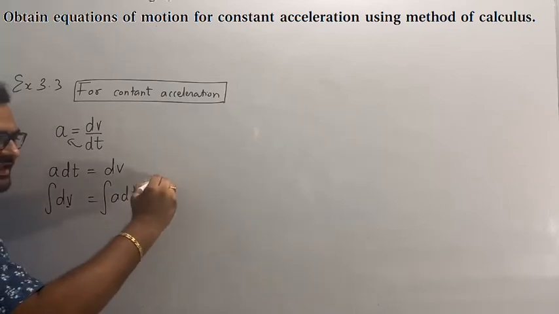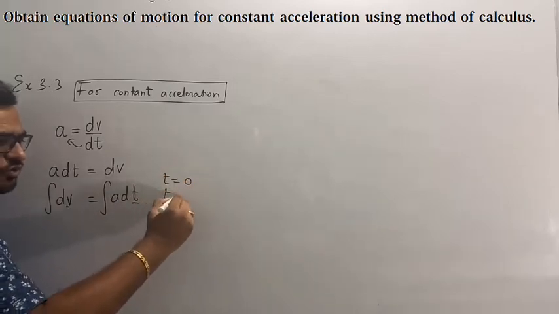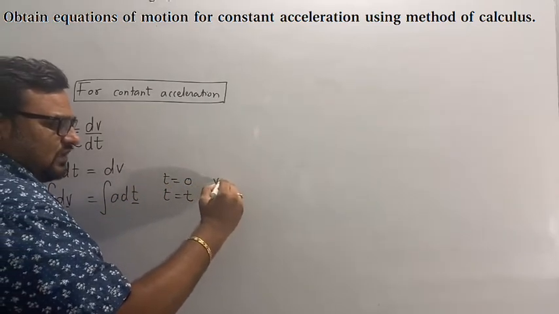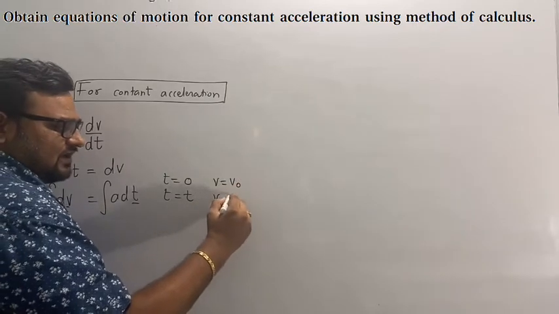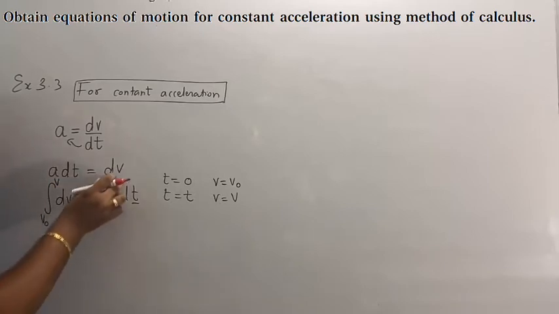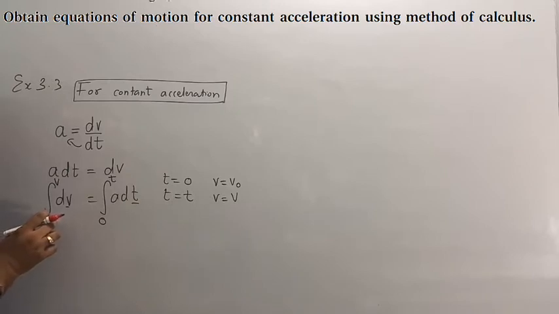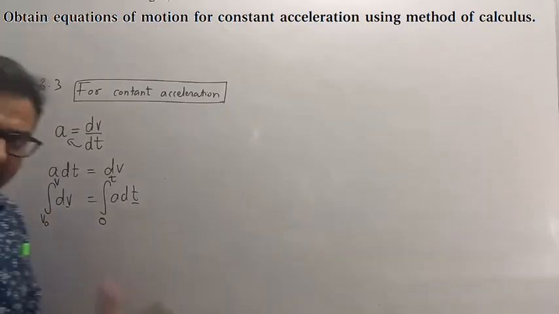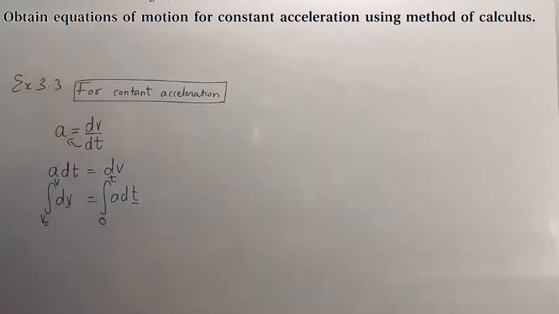If I take integration from t equal to 0 to t equal to t, assuming the initial velocity is v0 and the final velocity is v, I will integrate from 0 to t for time and v0 to v for velocity. So velocity at t equal to 0 is v0 and at t equal to t is v. Now, what is the integration of dv? v.